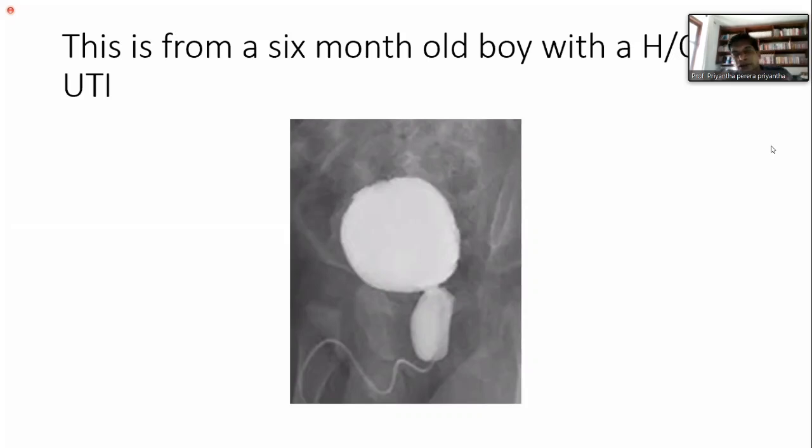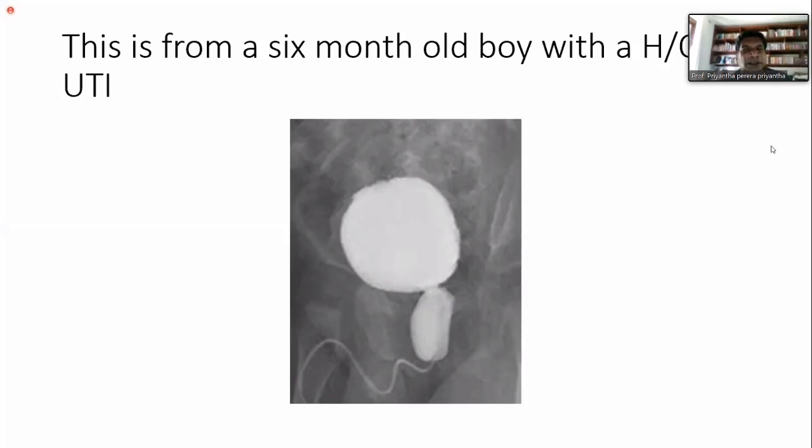There will be a clock to indicate the time, or it will be written on the film, 5 minutes, 10 minutes, or 30 minutes. Whereas in an MCUG, you take films according to events, not the timing of injecting the dye.